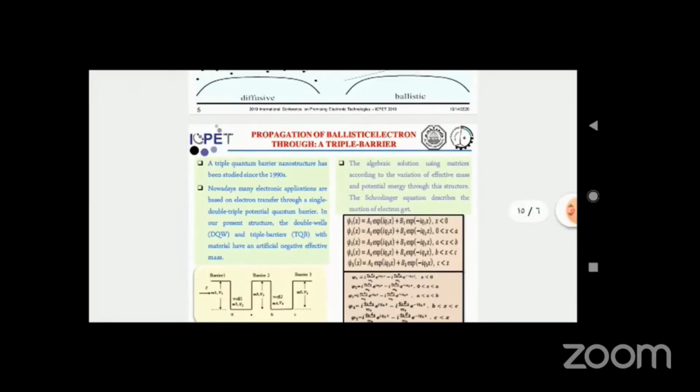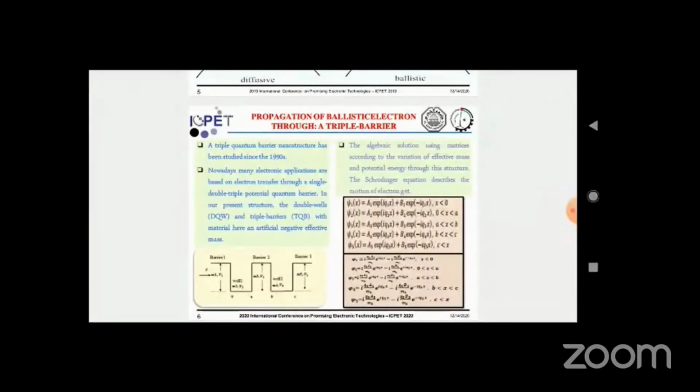In our present structure here, all barriers have potentials V1, V3, and V5 respectively, and have an artificial negative mass M1, M3, M5. In addition, the wells have V2 equal V4 equal 0, and have M2 and M4 for effective mass.